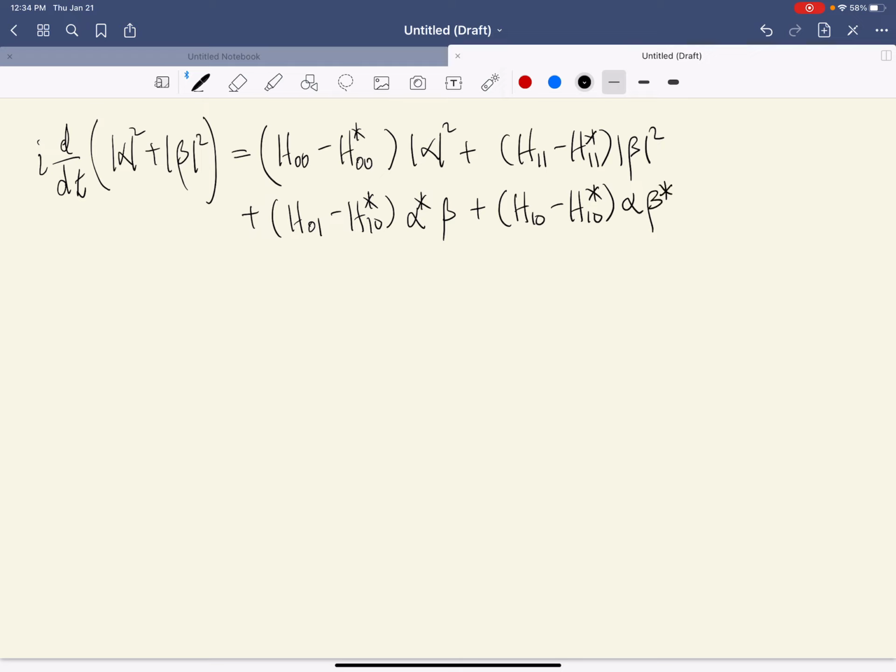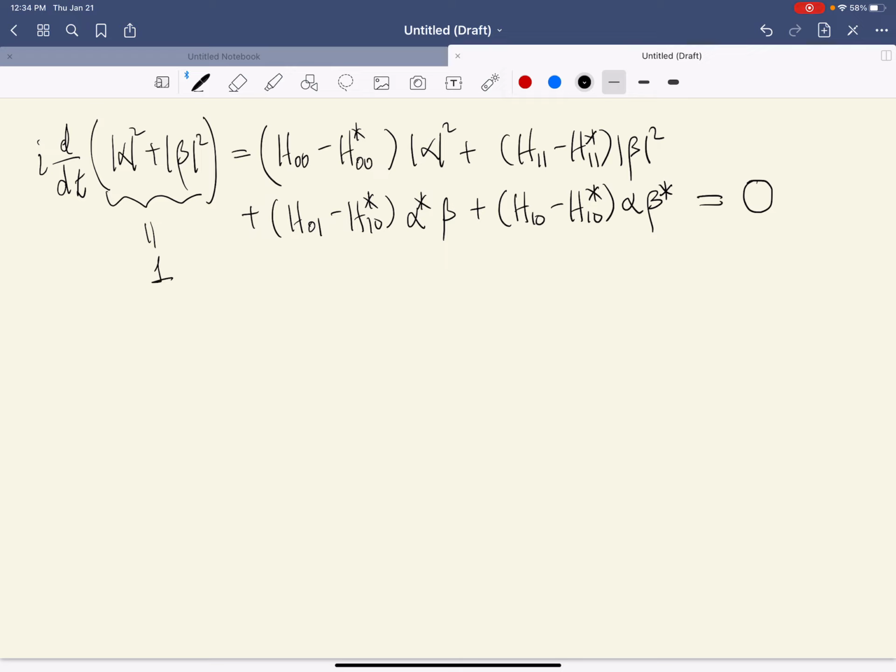Okay, and in order for the probability interpretation to hold its place, we have to take this thing to be 0. Which then would give us a constant value for alpha mod square plus beta mod square, which we can then take to be equal to 1.